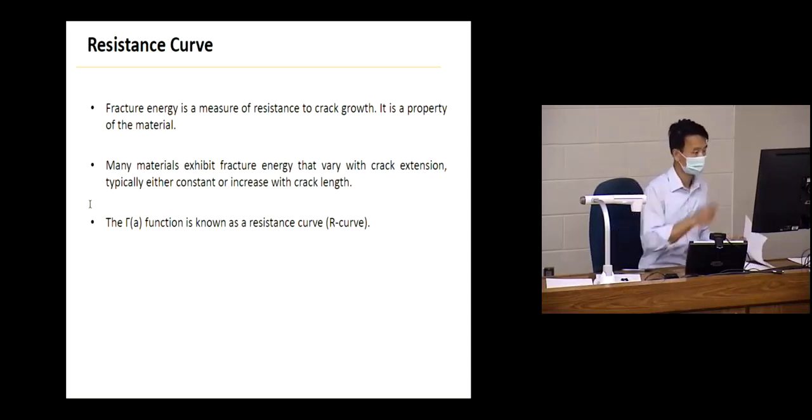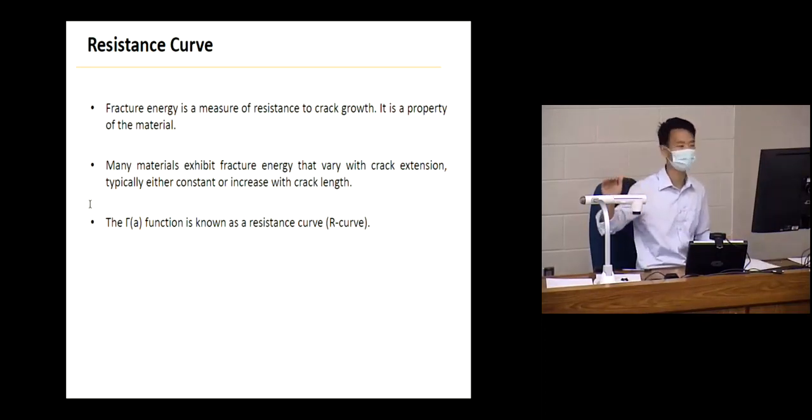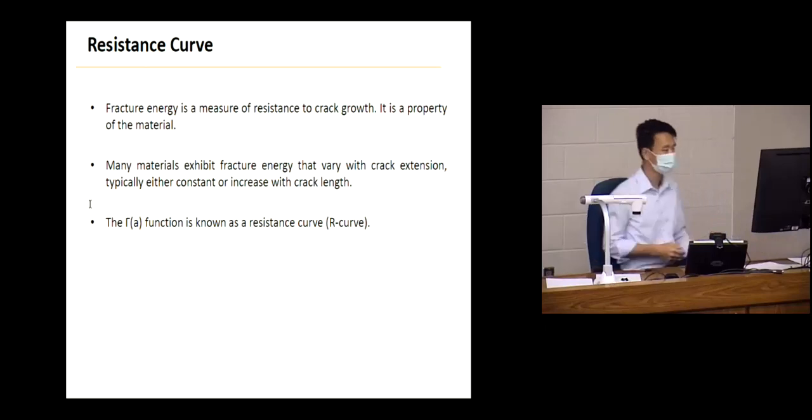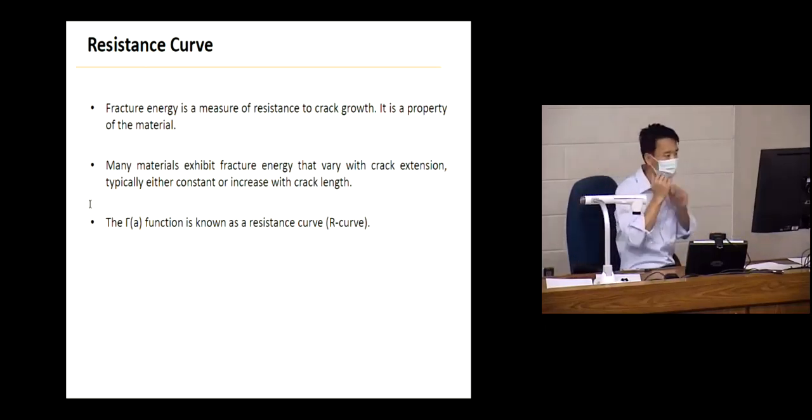So that's a good thing, because we typically see an increase or just constant, right? If constant, then we don't gain anything. But if we have an increase, that's good, because fracture energy increases. That means that we are safer and safer as the crack length grows. And the function that expresses the fracture energy gamma as a function of crack length is known as the resistance curve.